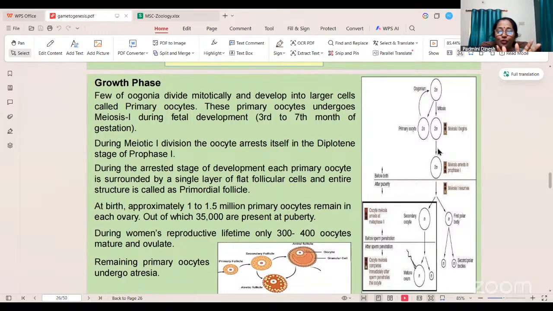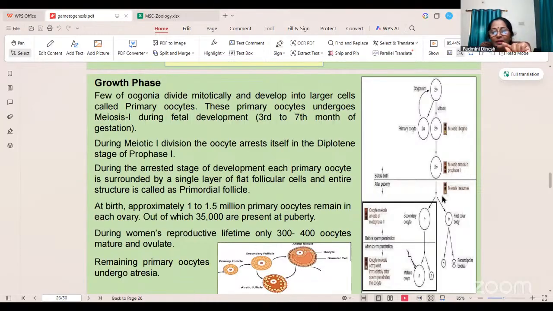As a child is born, it stays in that arrested form till the baby girl matures at age 12 or 13. When puberty sets in, then meiosis resumes.